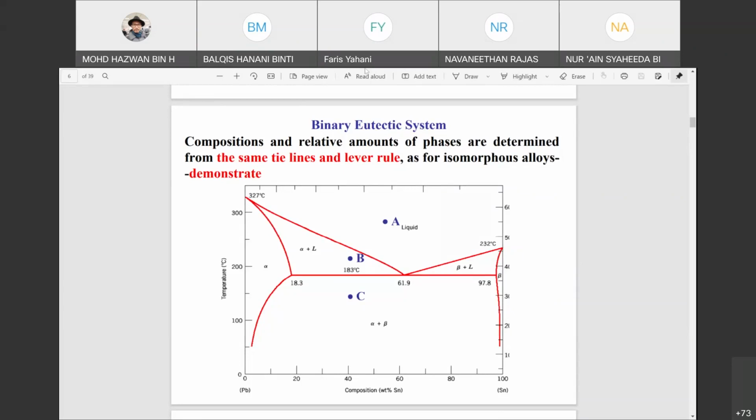40% tin. You just 40% tin. 50%. Yeah. Okay. So basically, saya tak boleh contoh. Plus liquid, and you have solid line of alpha on your left hand side. Nampak tak ni?